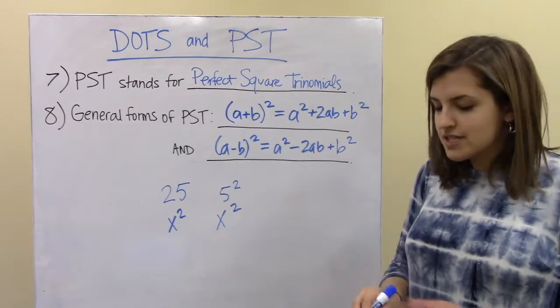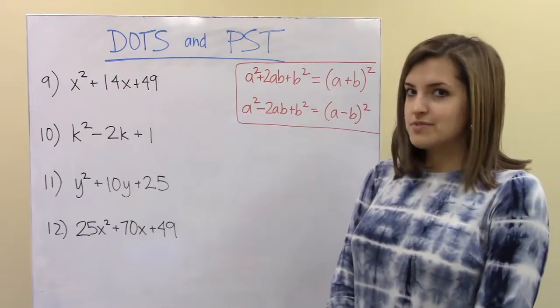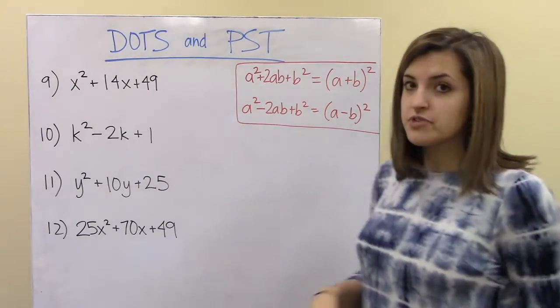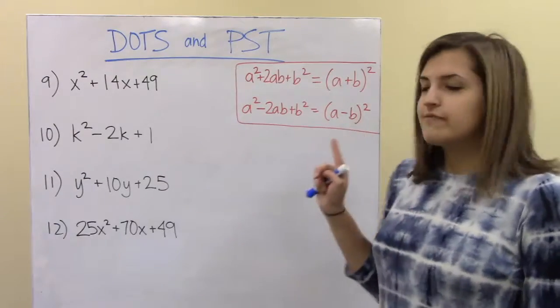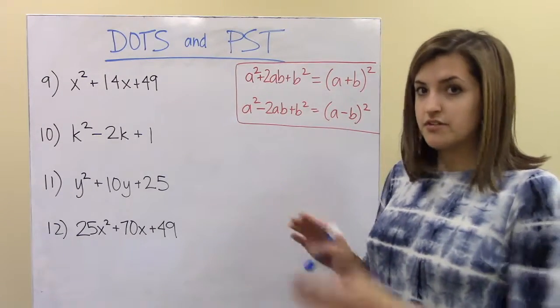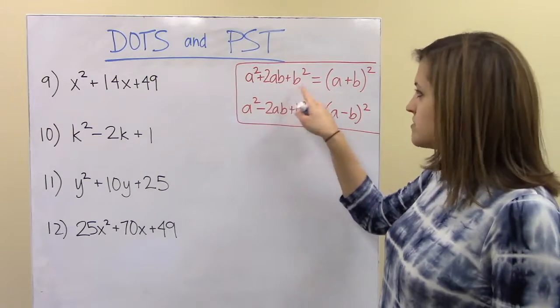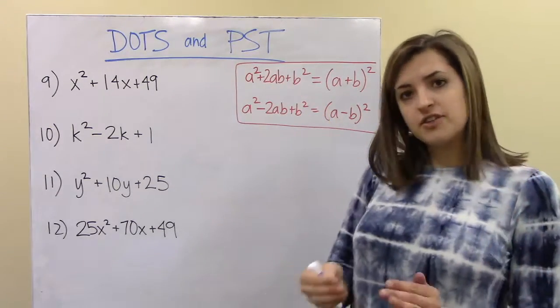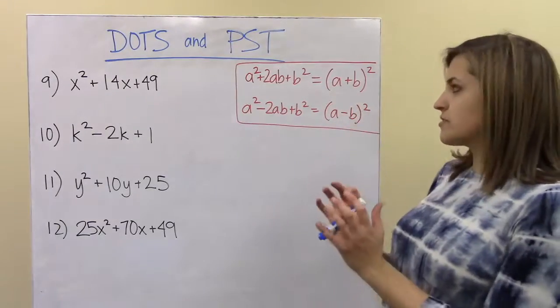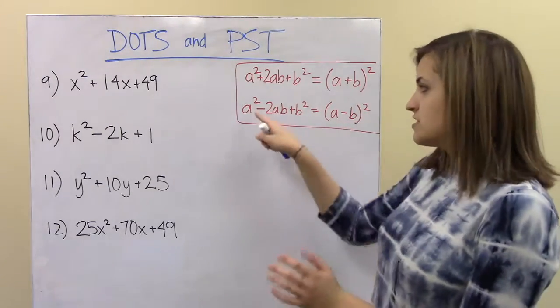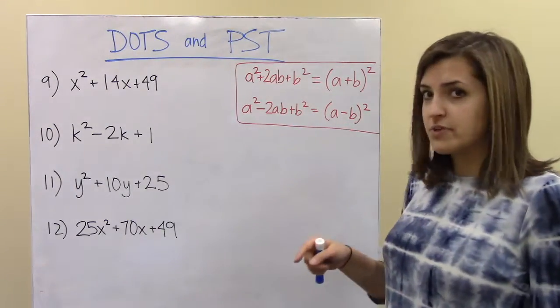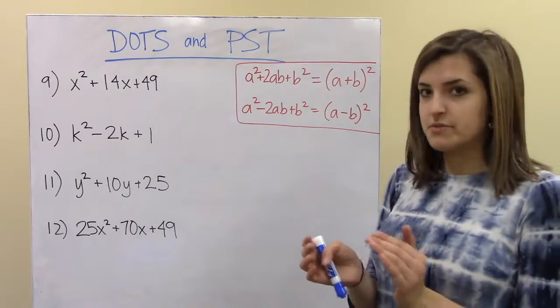All right, so let's see these in action with some examples. Using what we know about perfect square trinomials, let's try to factor these trinomials into their factored form. Using a squared plus 2ab plus b squared, we can factor that into a plus b all squared. Similarly, a squared minus 2ab plus b squared equals a minus b squared.